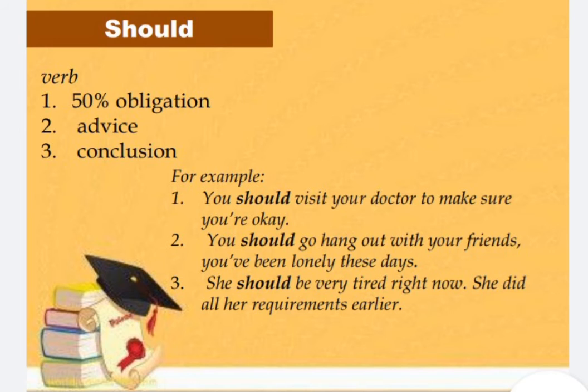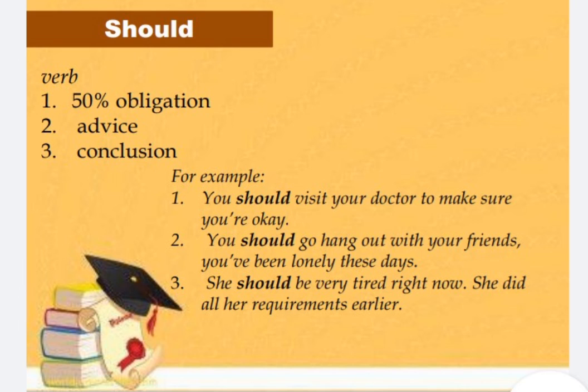As we can see, this functions to be 50% obligation and also an advice. For should here functions to indicate that you, as the subject, should visit your doctor to make sure that you are okay. Number two, it is also an advice and a 50% obligation since the subject can only decide for his or herself.